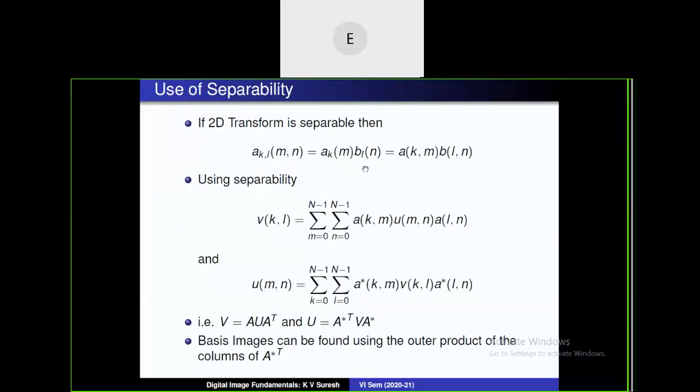In fact, you will notice that all the transforms that we are going to study in this course are separable. So that is in fact inbuilt in the transforms that we are going to use. So if the separability property is used, then I can represent any two-dimensional transformation in terms of one-dimensional transformation matrix.